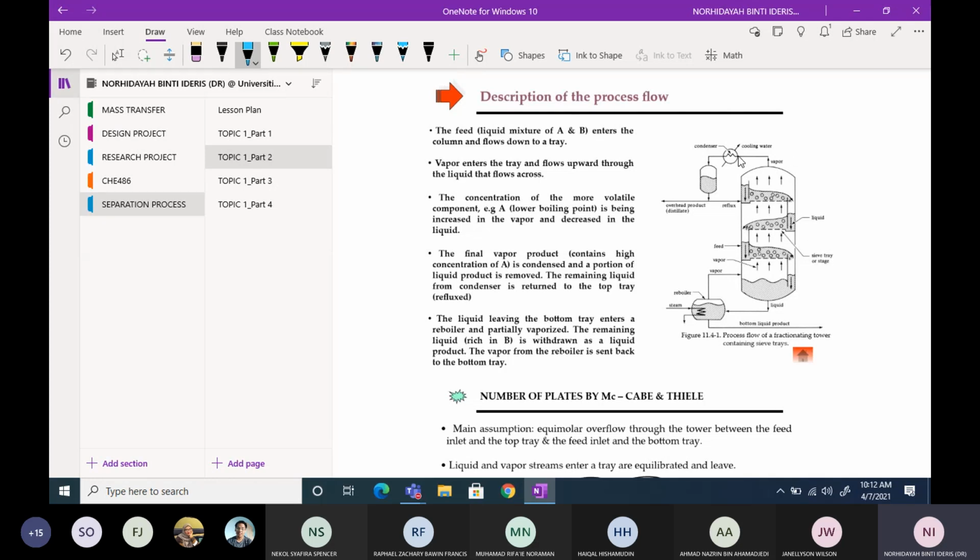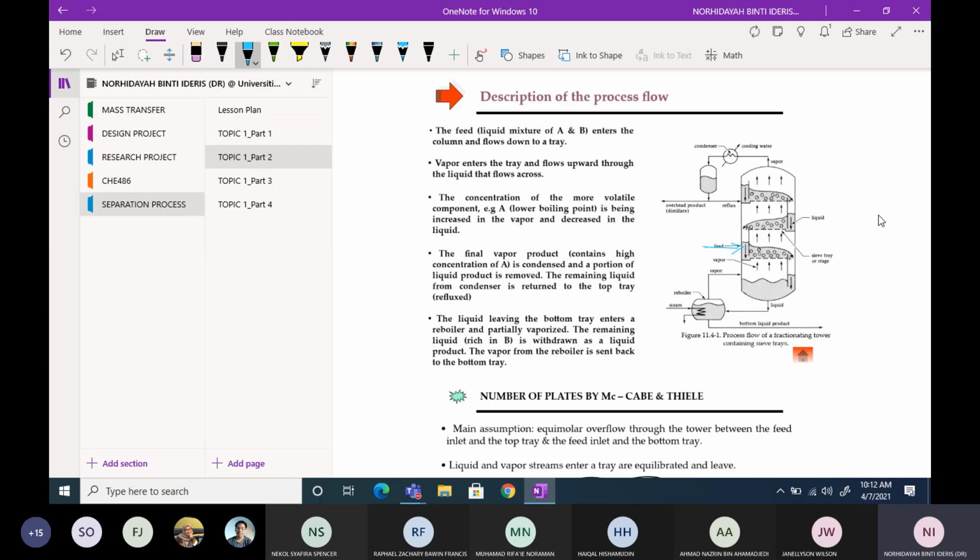This is the distillation column, usually a long cylinder. You have a feed coming in the middle. The concept is that we supply heat in such a way that the multi-component feed, whose components have different boiling points, will start to separate accordingly.